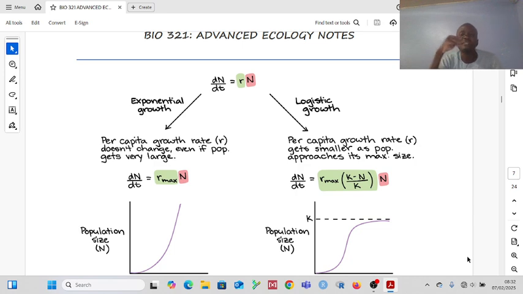But when you look at logistic growth, the growth rate gets smaller and smaller as the population approaches its maximum size. That maximum size is what we are calling the carrying capacity.